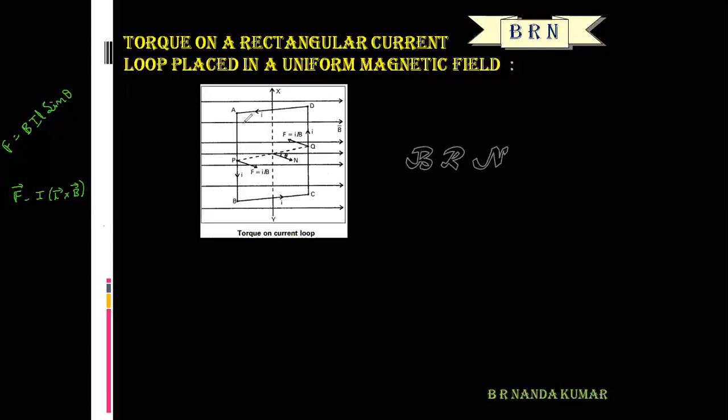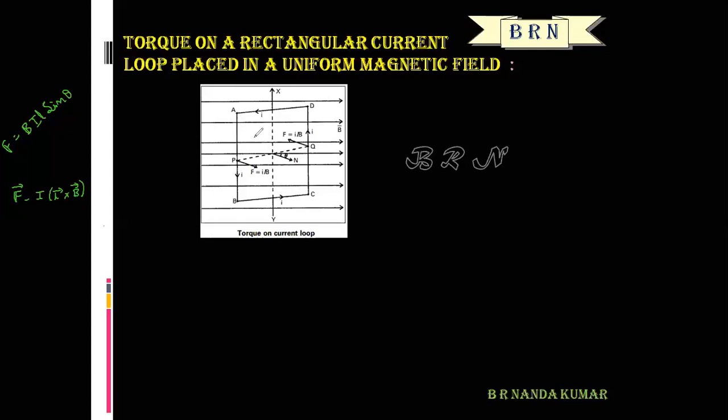But the force acting on AB and CD is not equal to zero. Actually, that is maximum. Here this is the direction of the L vector, vertically downwards, and this is the direction of the magnetic field. Here the L vector is perpendicular to the B vector, so theta is 90.